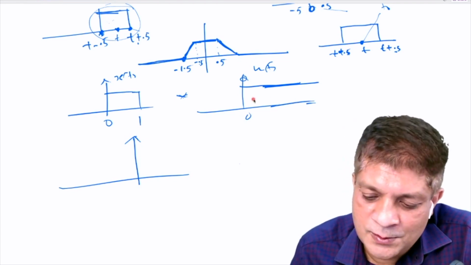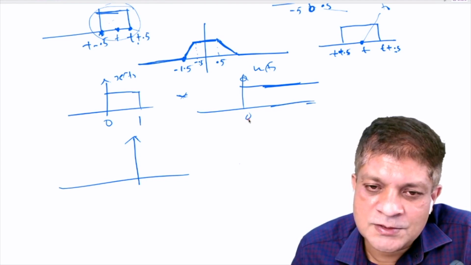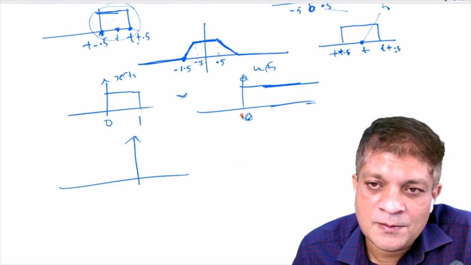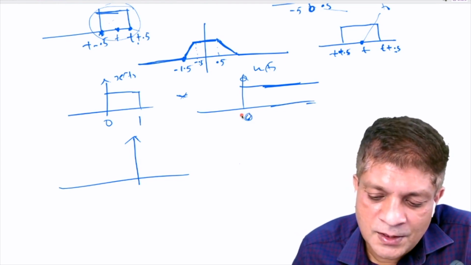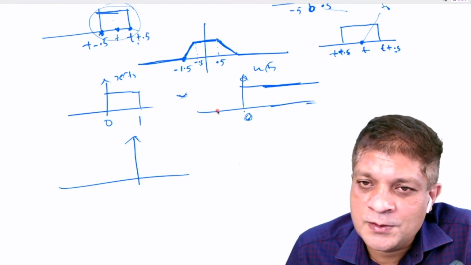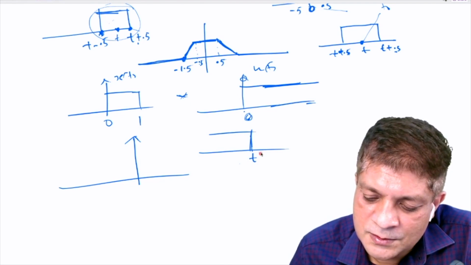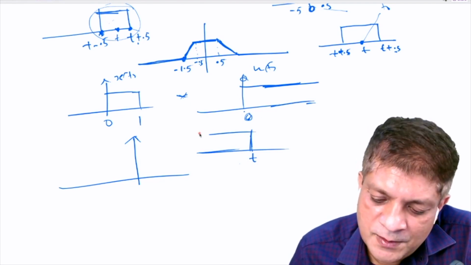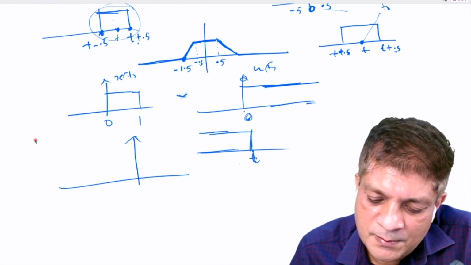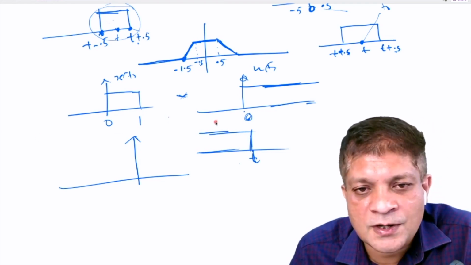What is the convolution? You have to flip this. Then this point will become what? Flip and delay by t. This will become t. Then move the t from minus infinity to infinity. Okay, for this I am drawing it. So this will be t, the flipped version of u(t) minus t. Then you move this from minus infinity towards right.